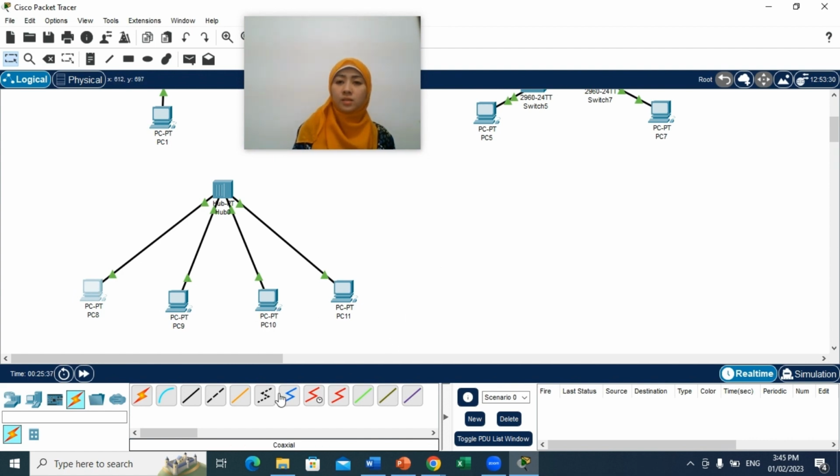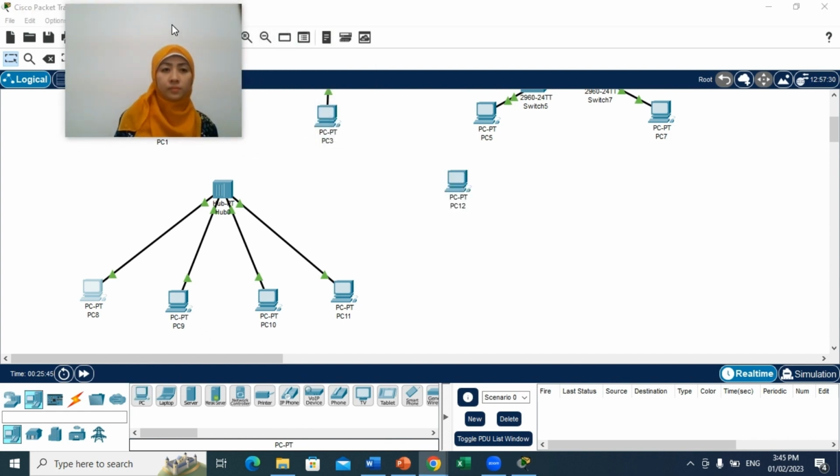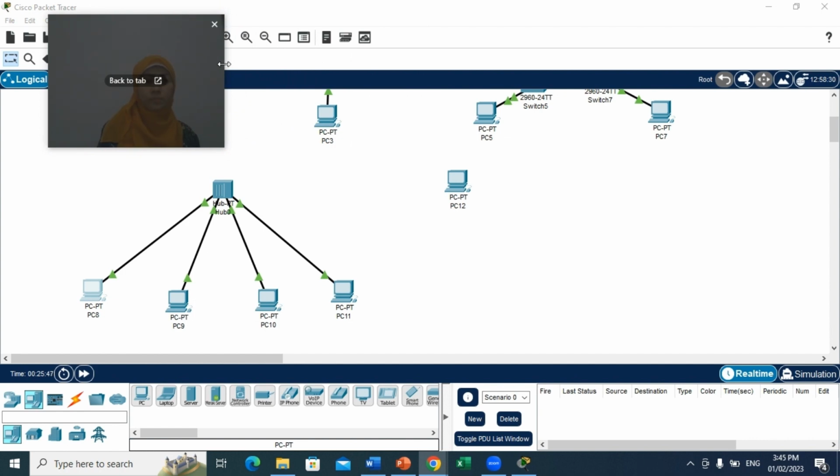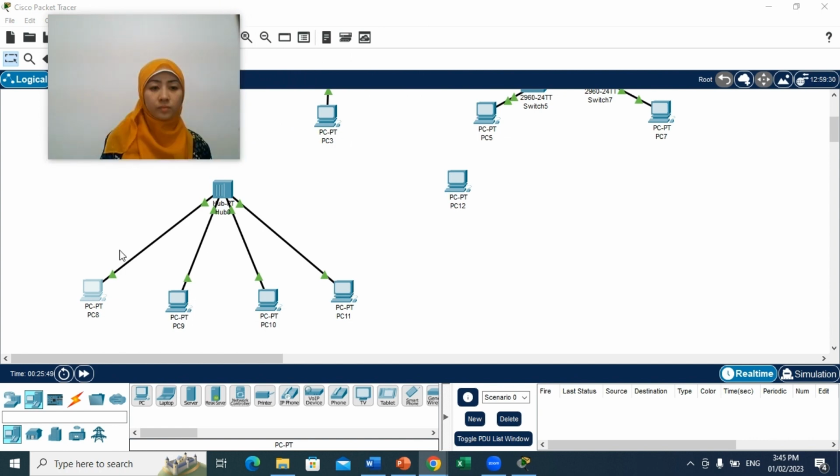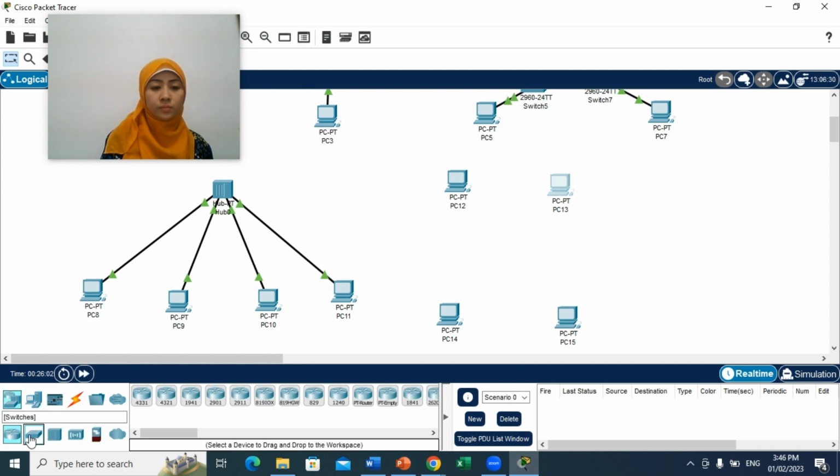So next is mesh topology. Again, we will put our end devices here and devices here and devices here and devices here, and then a switch.